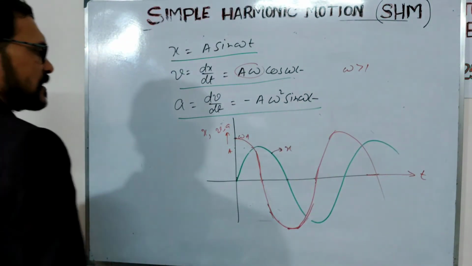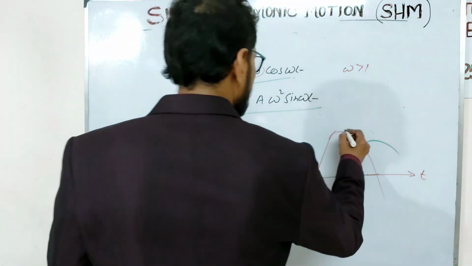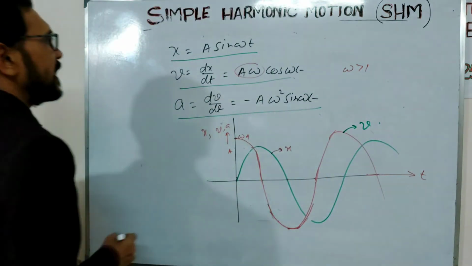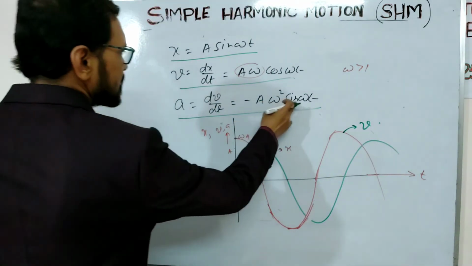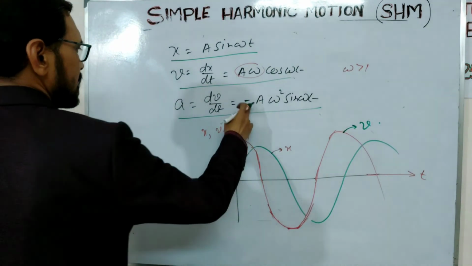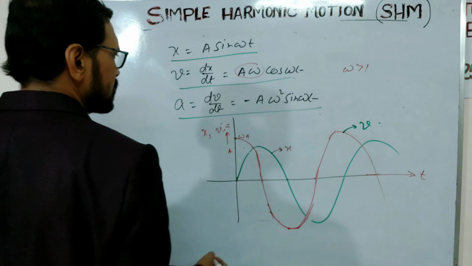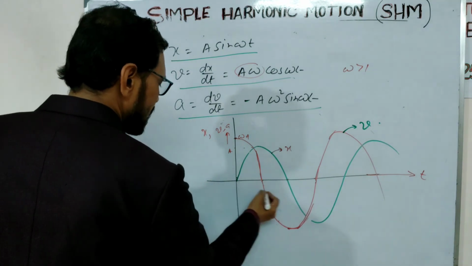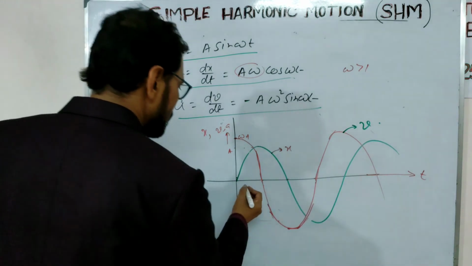Now this is the velocity graph. The acceleration graph is minus a omega square sin omega t, again a sine graph, but with a negative start. So at t equal to 0 it is negative. So this will be the sinusoidal graph, but on the negative side.